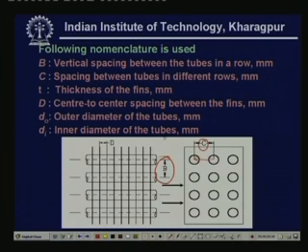Okay, that is C. And t is the thickness of the fin. Okay, this is t. And D is the center to center spacing between the fins, that is this, and D naught is the outer diameter of the tube. Okay, that means this is D naught, and Di is the inner diameter of the tube, that means this. Okay, so this is the nomenclature we use.